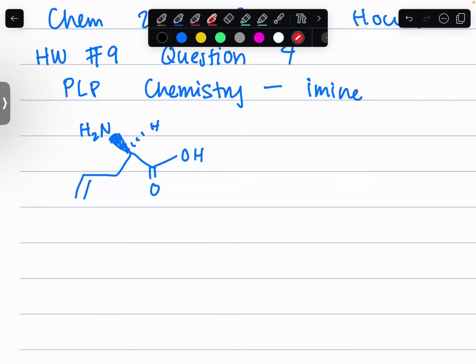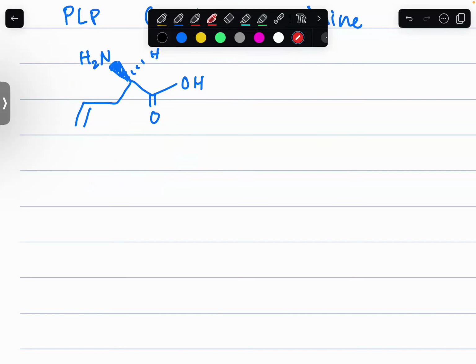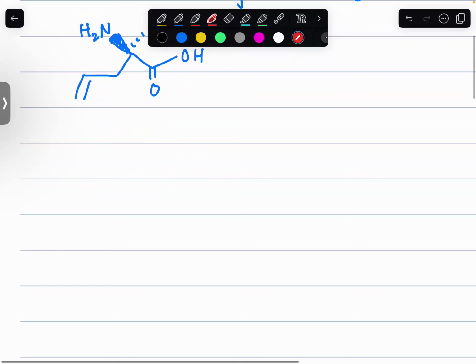Cool. So this is what we are going to do the amine formation on, and then we need our actual PLP. I'll draw it in a different color so it stands out. PLP is a cofactor that you are going to use with an enzyme, and so it is bound to an enzyme.